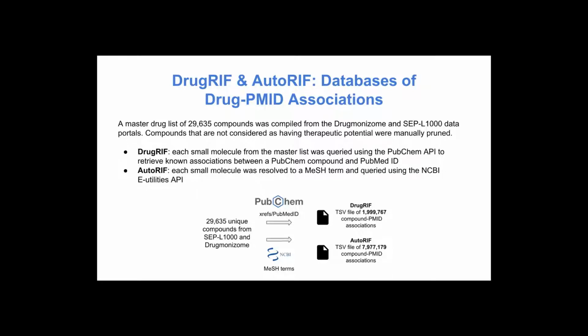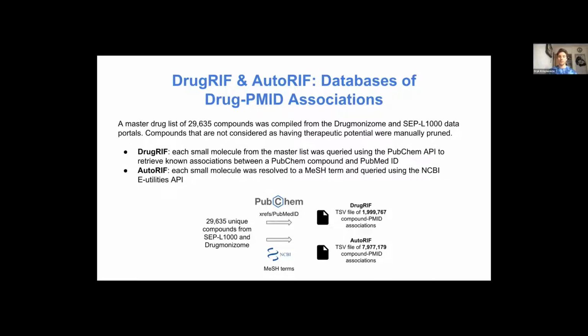We compiled this master list of compounds and queried them using various existing APIs. DrugRiff contains drug to PubMed ID associations that were manually curated by the NCBI's PubChem portal.